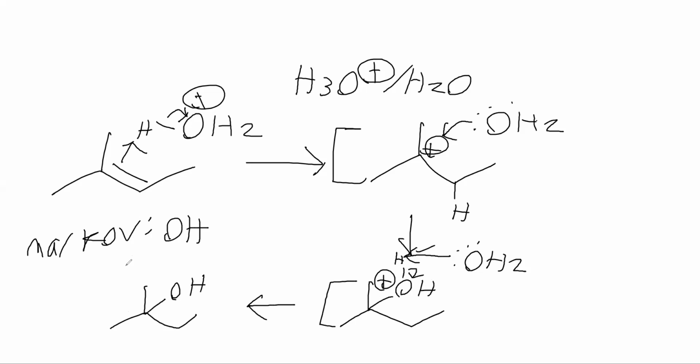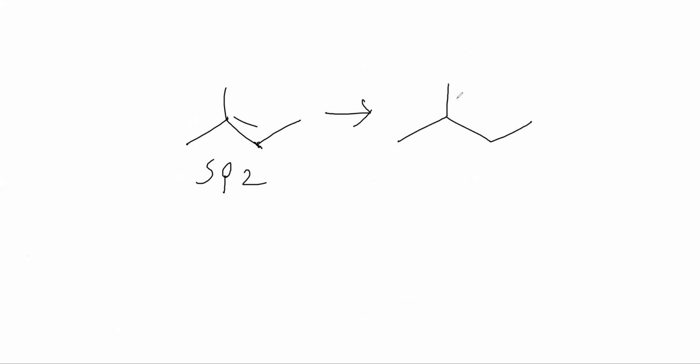If a mechanism ever passes through a full cation like this, it's not going to have stereoselectivity, and I'm going to move on to another slide for this. It's not going to have stereoselectivity because, I'll just draw the same thing, this is sp2, and when it gets converted to a cation, this carbon here is still sp2 hybridized, so it's still planar, specifically trigonal planar.